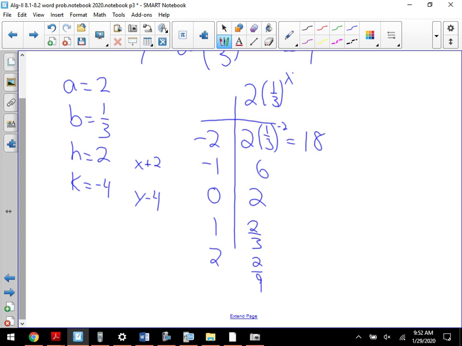So use parent functions. Yes, use parent functions. Okay? Your second set here, you just write down what your shift was. What was it, +2? You should not have to math anything from there. You're just going from your ordered pairs.